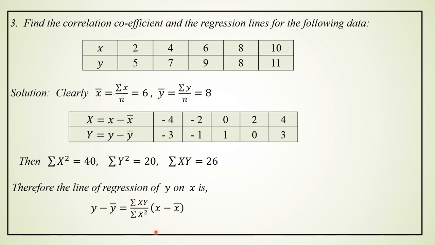So just substitute the summation values and x bar and y bar over here, so that you have the equation to be y minus 8 is equal to summation of xy, which is 26, divided by summation of x square, which is 40, into x minus x bar, that is x minus 6. Just simplify it. On simplification, you are going to get the regression line of y on x to be y is equal to 0.65 x plus 4.1.